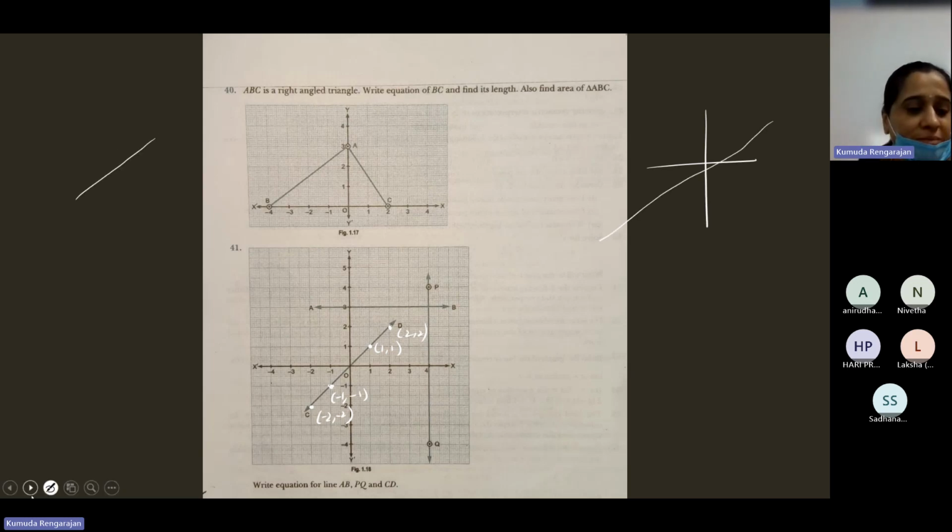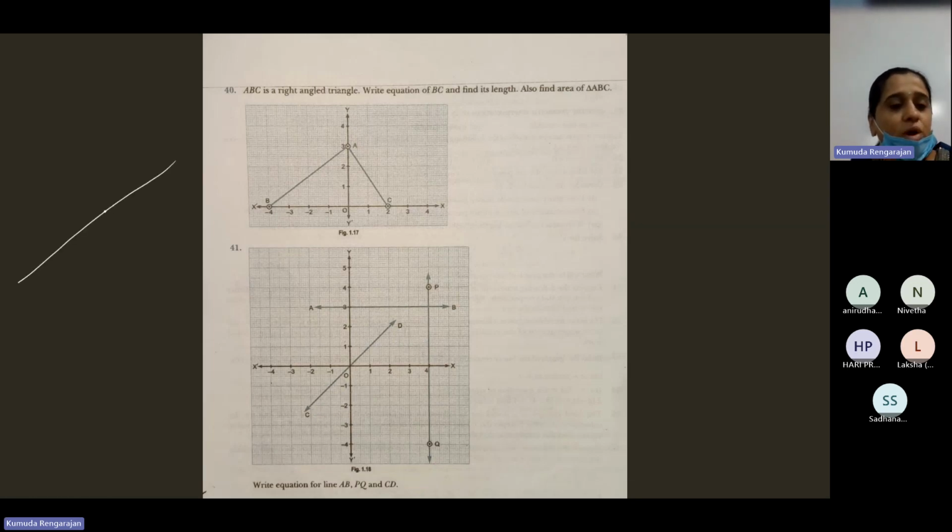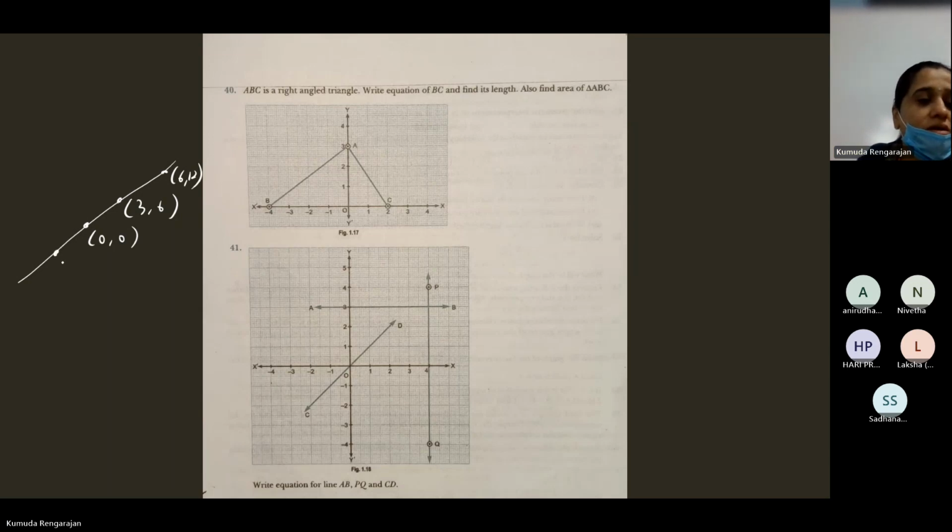Supposing you see a line passing through the origin. Listen to this. Supposing the points are like 0, 0. I'm just giving an example. And supposing you see 3, 6, and 6, 12, and say you also see 4, 8, minus 4, minus 8, whatever.